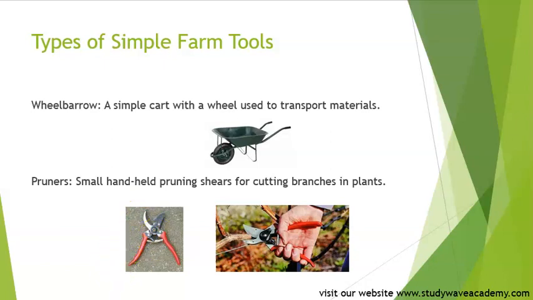So these are simple tools. We mentioned hoes, spades, rakes, cutlass, shovels, garden fork, wheelbarrow, and pruners, right? So these are simple farm tools.